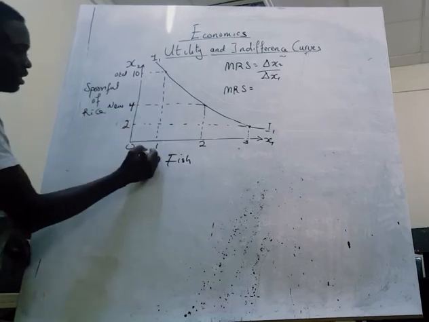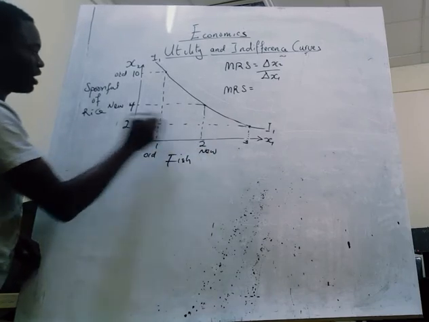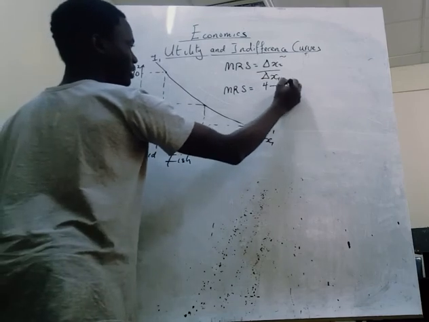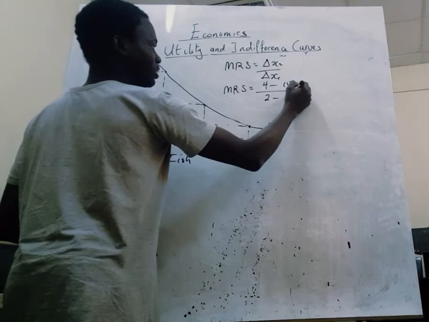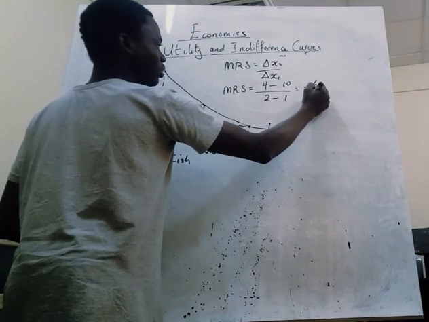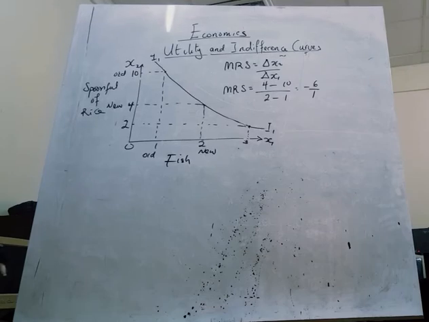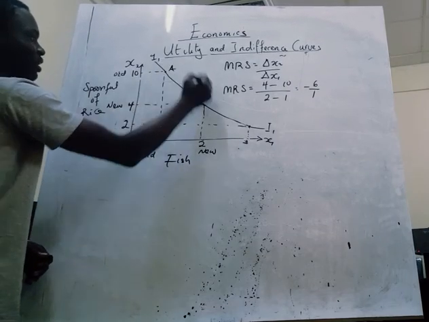This was the old value as well, and this is the new value. So we have new minus old. So here we have 4 minus 10 divided by 2 minus 1, which is minus 6 over 1. So that is our answer, minus 6 over 1. That is the MRS when I'm moving from point A to point B.